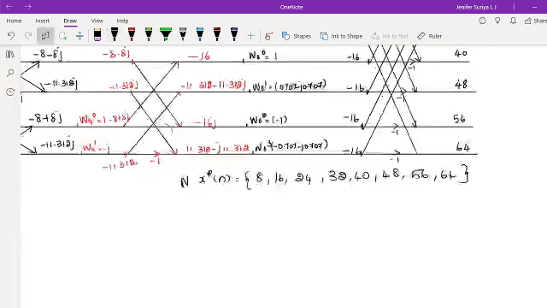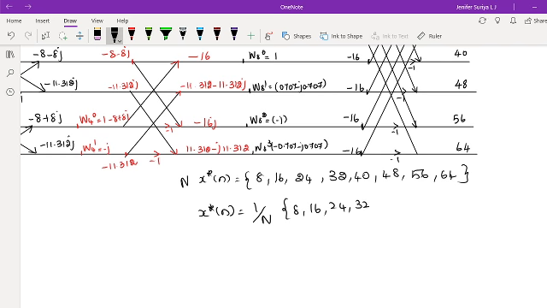Now, N is the fundamental time period. Here, the repetition period is 8, so I can select that N is 8. So x star of n is equal to 1 by N into 8, 16, 24, 32, 40, 48, 56, 64. Since N is 8, I am going to substitute 8 here.